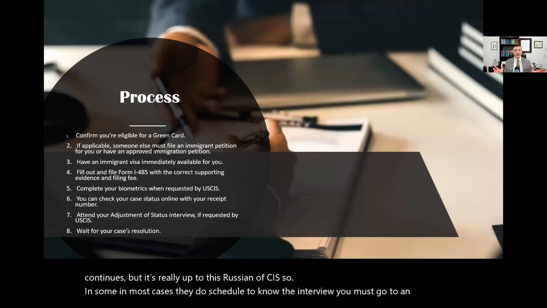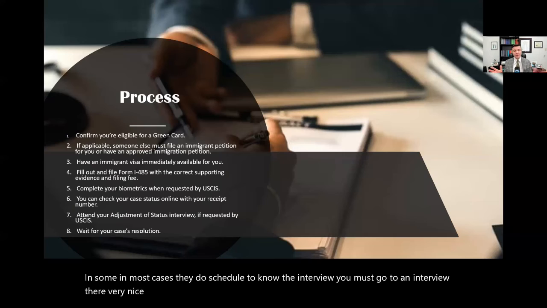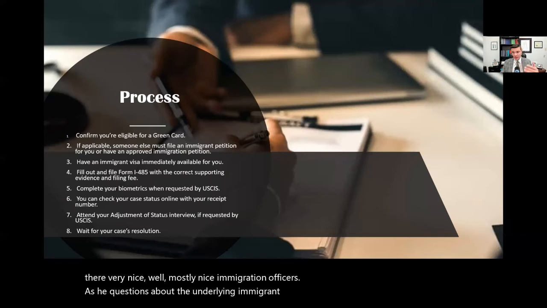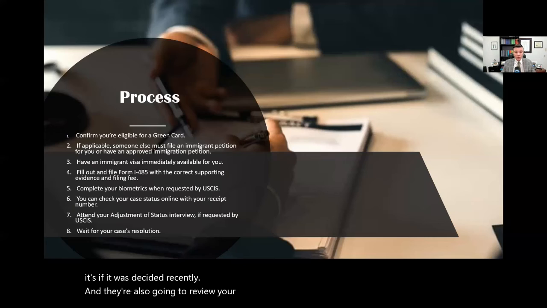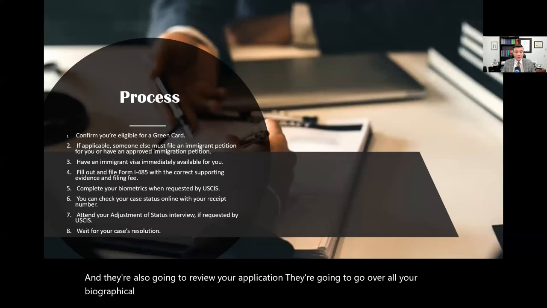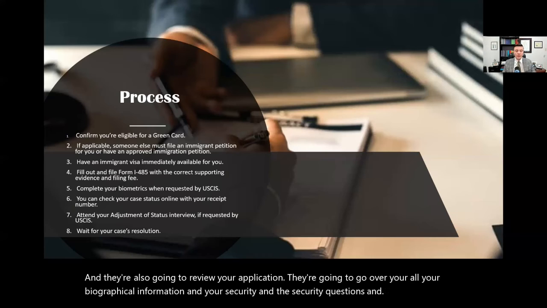There, very nice, mostly nice immigration officers will ask you questions about the underlying immigrant petition, if it's pending with the packet or if it was decided recently. And they're also going to review your application. They're going to go over all your biographical information and the security questions, and you're going to do all of this under oath.